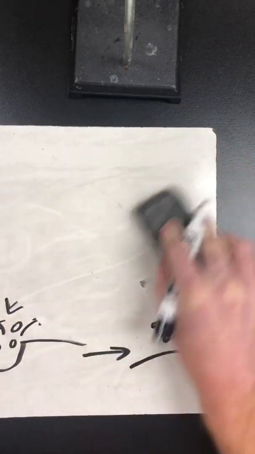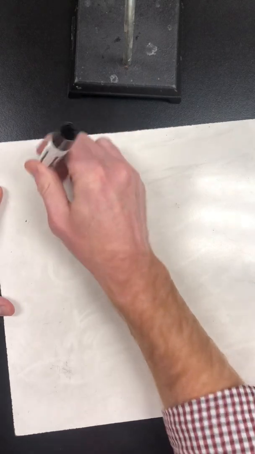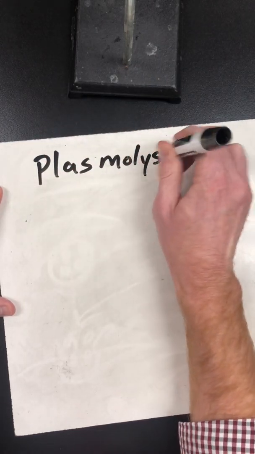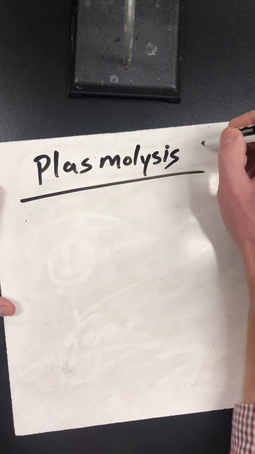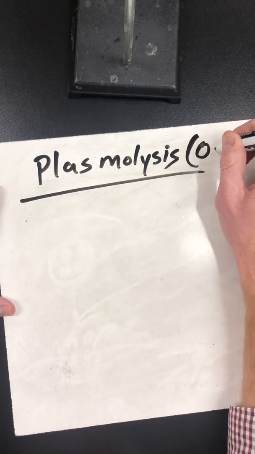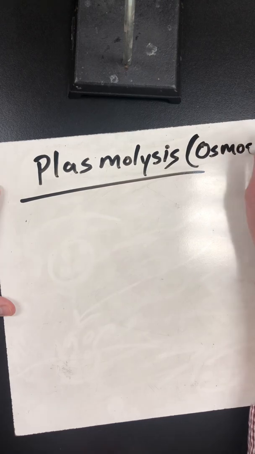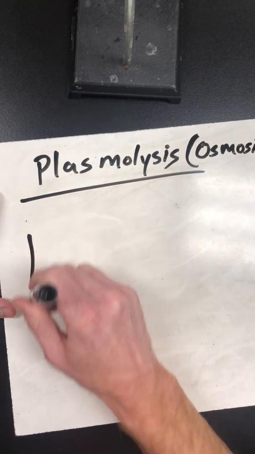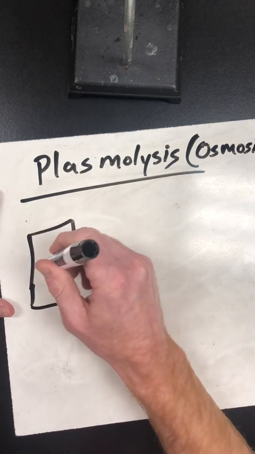Now, while I have you on this same video, let me talk about plasmolysis and cytolysis. Plasmolysis first. First of all, plasmolysis and cytolysis are both a result of osmosis, so water going in or out of the cell. Okay? So if I have a plant cell, I'll just draw a box because a lot of times plant cells look like boxes.